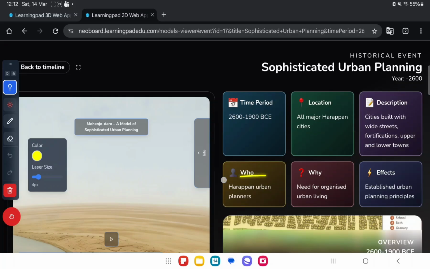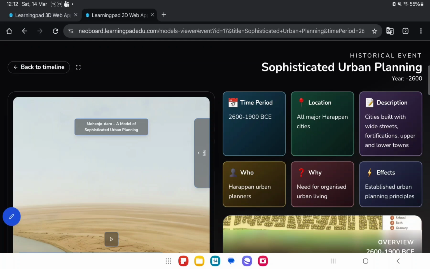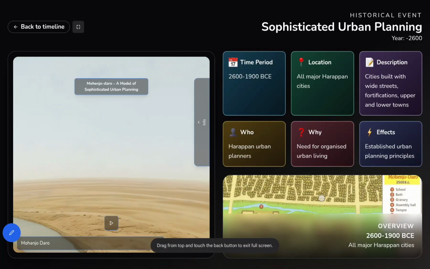And who have built this? All the Harappan urban planners. Why? Need for organized urban living. Here, the effects. It established urban planning principles of the building plan of the entire Mohenjo-daro city.